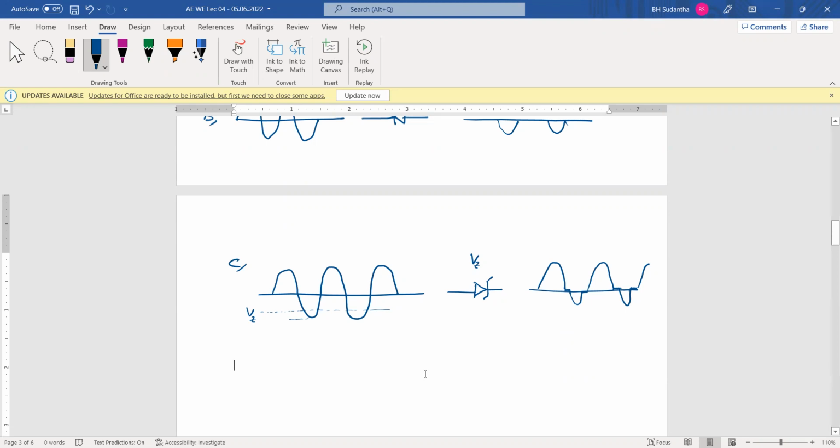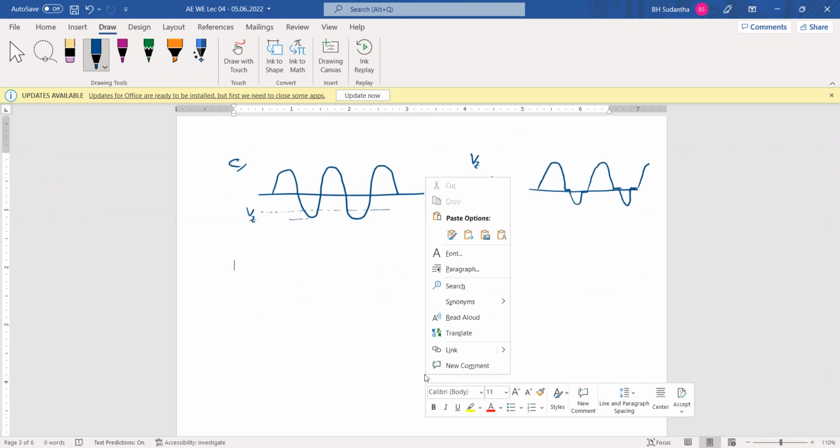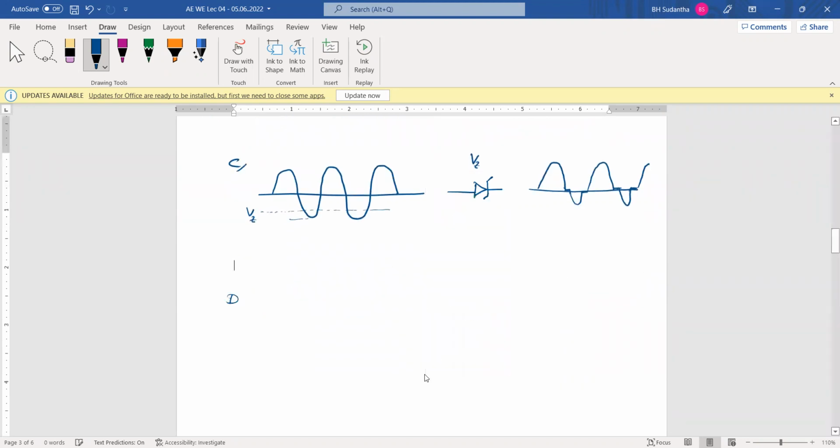Can you think about this type of circuit? What do you think when you have this type of circuit, you have this sine wave input and your circuit is something like this.